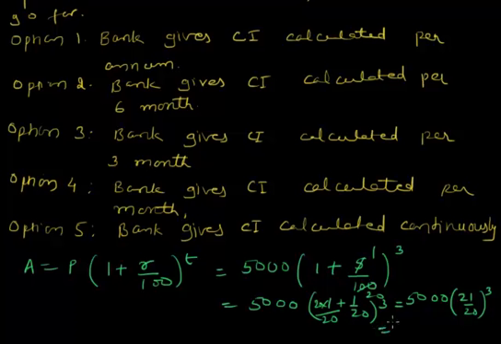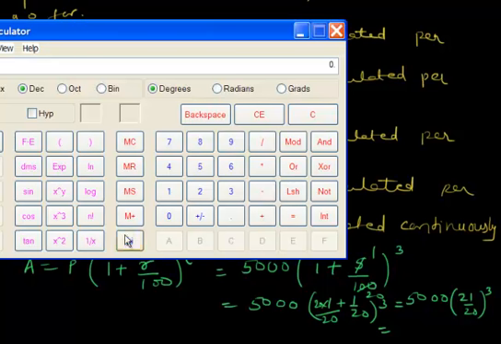So the amount at the end of the 3 years, if she goes for the first option, is 5,000 times 21 over 20, which is 1.05, its cube, times 5,000.